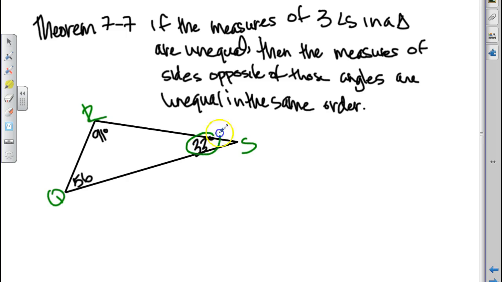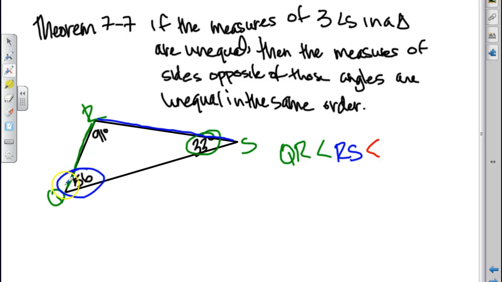The smallest angle is here. The side opposite that smallest angle is there. So QR is the smallest. So QR is less than, there's the next angle, 56, so RS. And that is smaller than the longest side, which is opposite the longest angle, QS. I tried to put QR, didn't I? All right, let's try that again, QS.